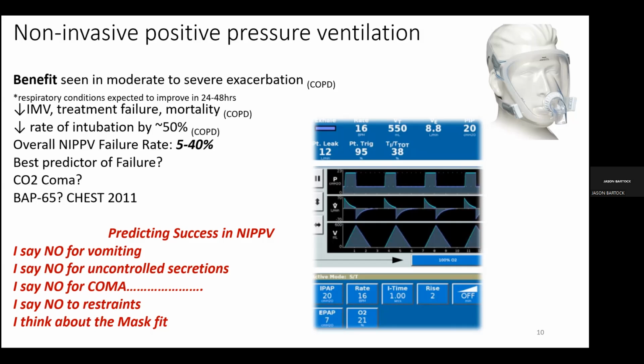You don't want to just put them in a non-monitored area on a machine when they're at high risk of failure, because when it comes time for you to reassess and possibly intubate them, you might not have all of the tools around you that you need. And that's what has a tendency to drive poor outcomes much more than the failure of the patient. It can often be the failure of the system.